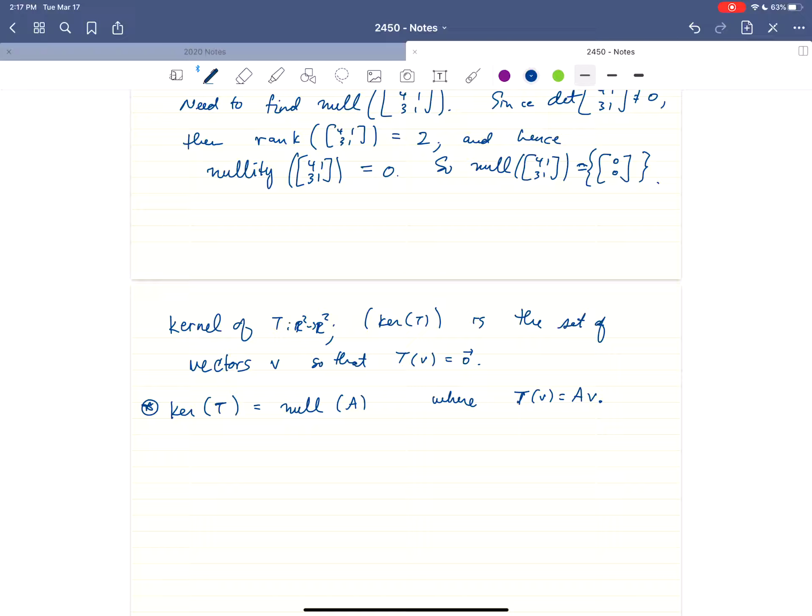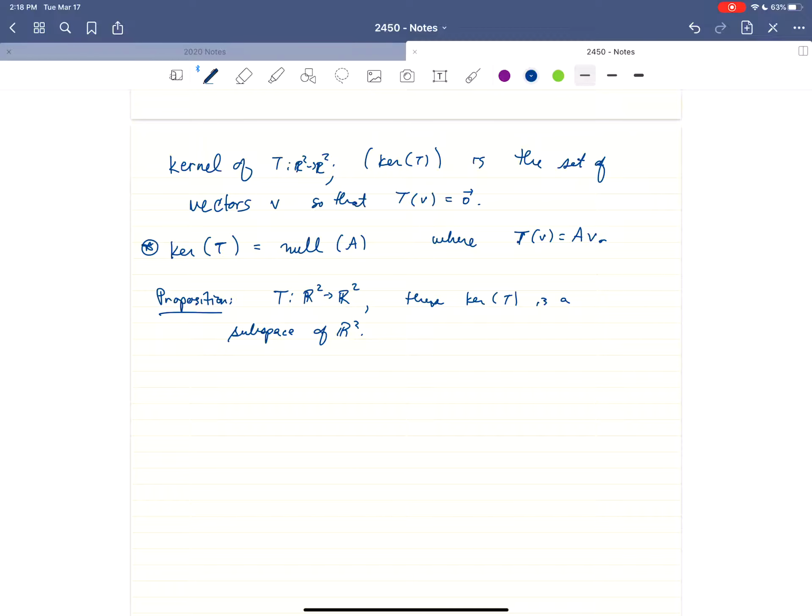And so what I want to do is prove a few things. I want to prove that if T goes from R2 to R2, again, just to keep this perfectly straightforward, then the kernel of T is a subspace of R2. And we'll do this in general next time.